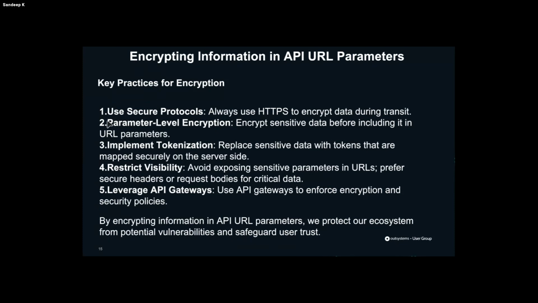Okay, so we can use some of the out of the box features. You should always use HTTPS to encrypt the data in transit, as well as the parameter level encryption we discussed. When we are handling high level FinCorp business needs, ideally their ask is to encrypt the entire payload, or at least the values that you are passing.